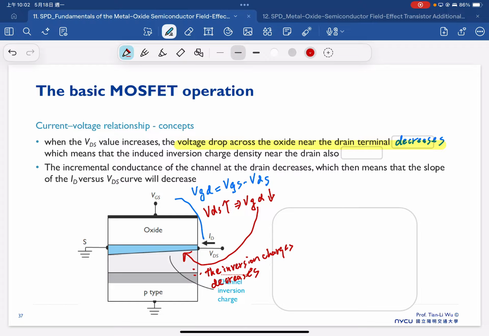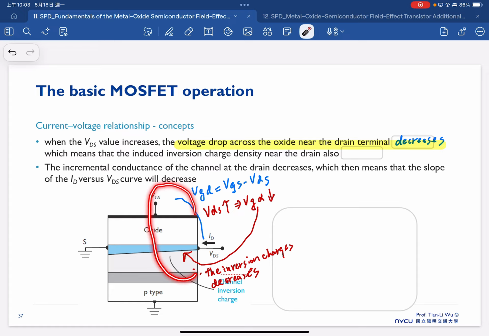The amount of inversion charge is always determined by how large the gate bias is. But with increasing drain bias, the effective gate bias at this location is decreased, so the amount of inversion charge here will be decreased as well.